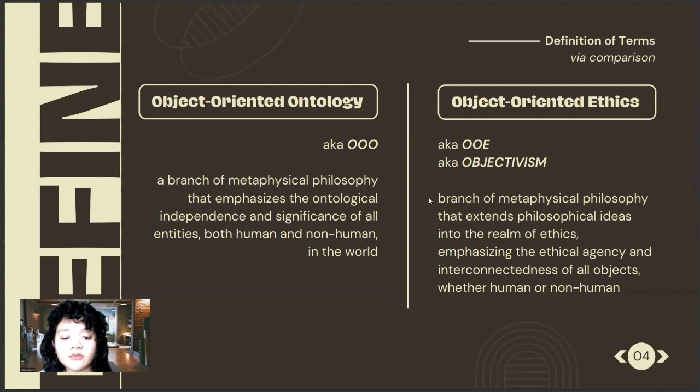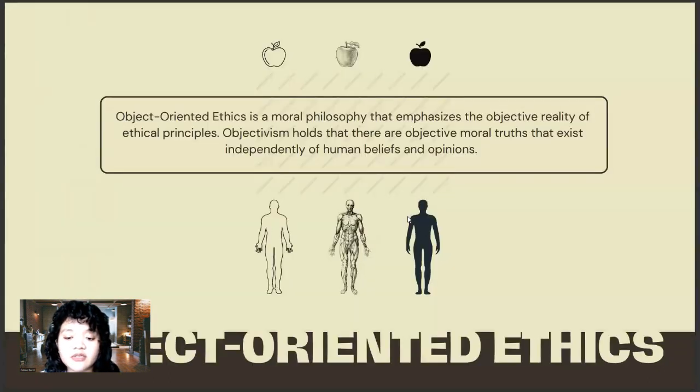This is not to be confused with a similar branch called object-oriented ontology, which primarily deals with metaphysical questions regarding the existence and significance of all entities. So, object-oriented ethics can be seen as an application of the ontological principles of OOO, or object-oriented ontology, to ethical questions and concerns.